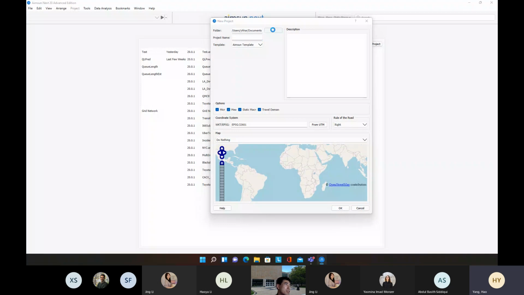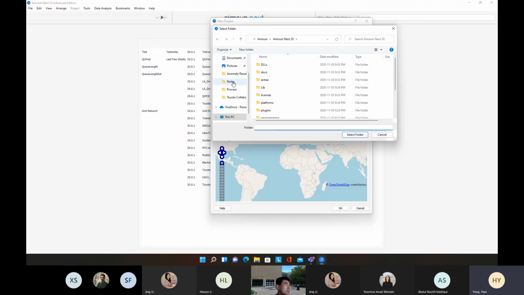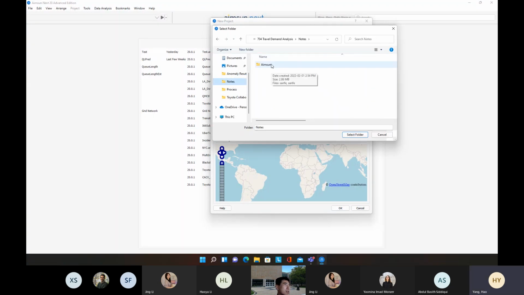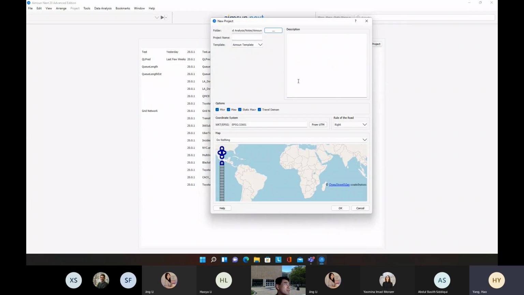So for example, I'm gonna store my file under this course folder, and now I just placed it here. And you need to define the project name. So this is Amazon tutorial 1. And definitely we need to use the Amazon template, or you can use the other type of template. The most common one is the Amazon template.